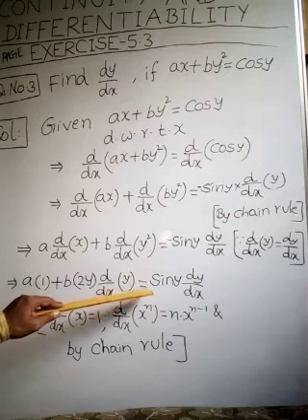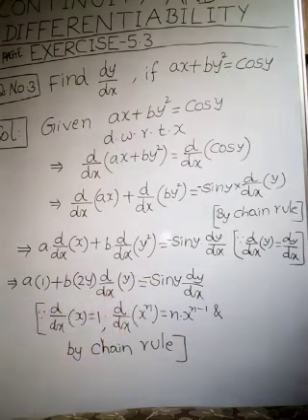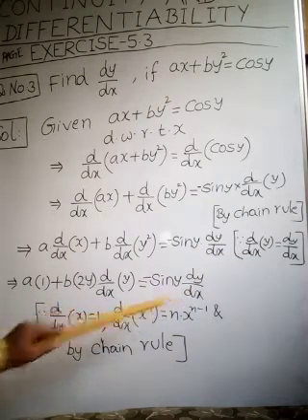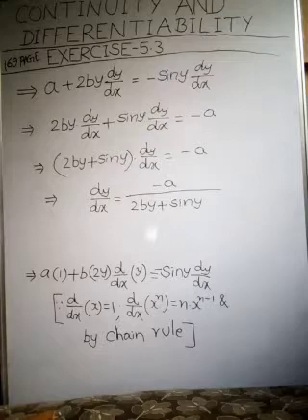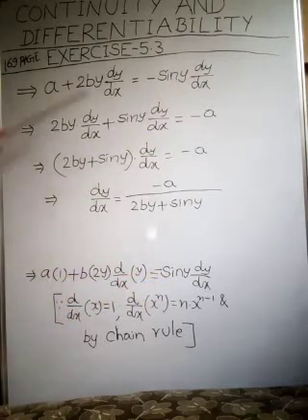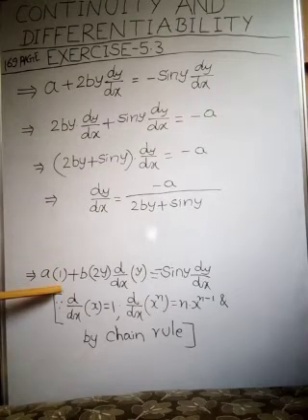Right. Is equal to minus sin y into dy by dx. We wrote the RHS part as it is. Understood this step, my dear children? Okay, we got this step. From this step, we write like this. That implies, what do you get? A into 1, first term, a only.